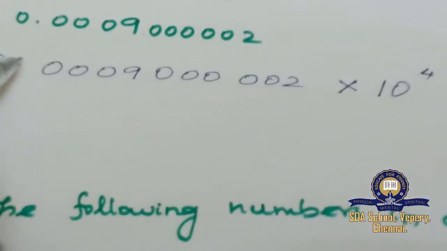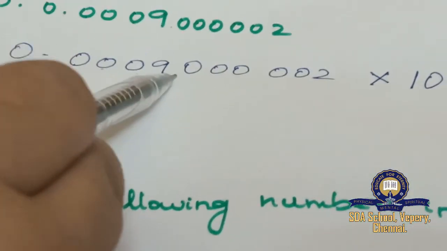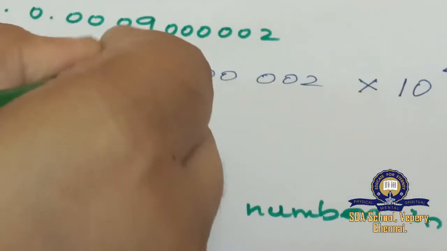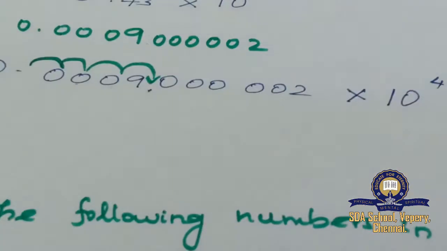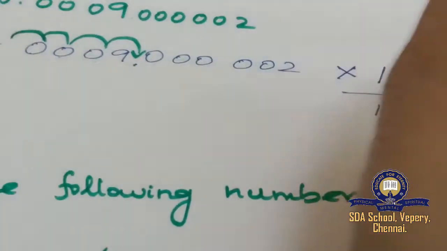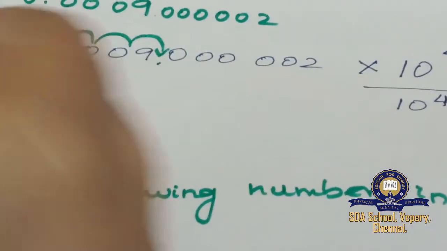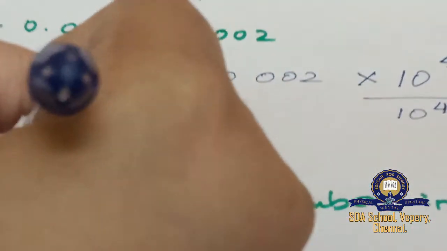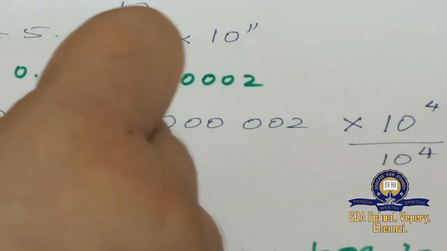See, 1 2 3 4. I want the decimal point over here. If I multiply by 10 power 4, should I also not divide it by 10 power 4? Yes. What will I get is 9 point. How many? After that, what comes?